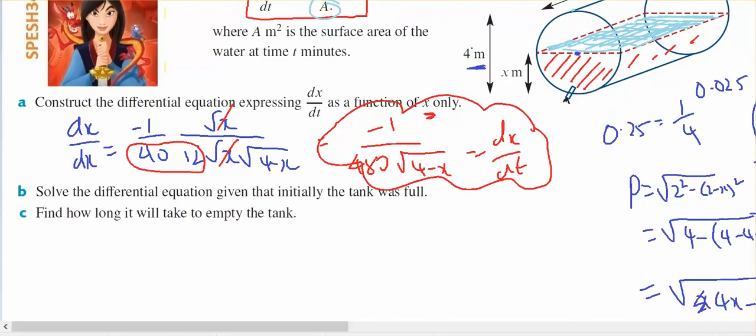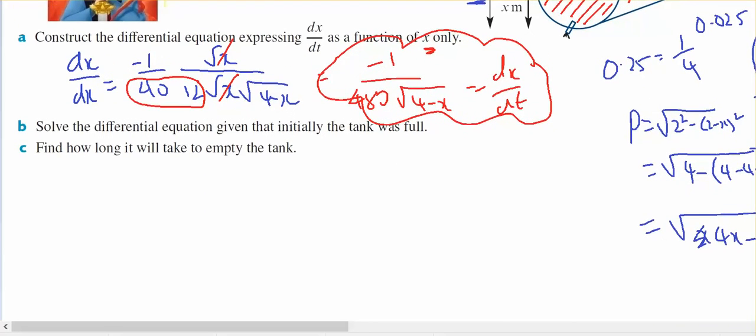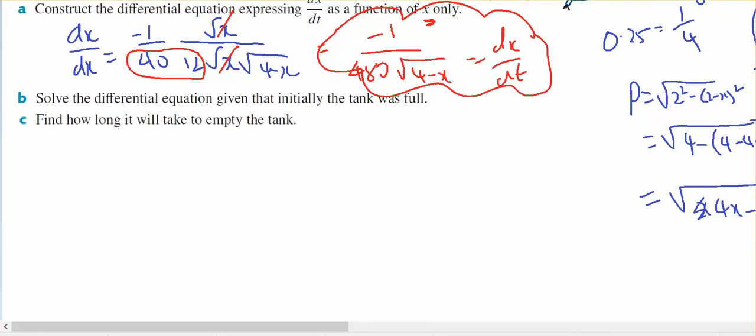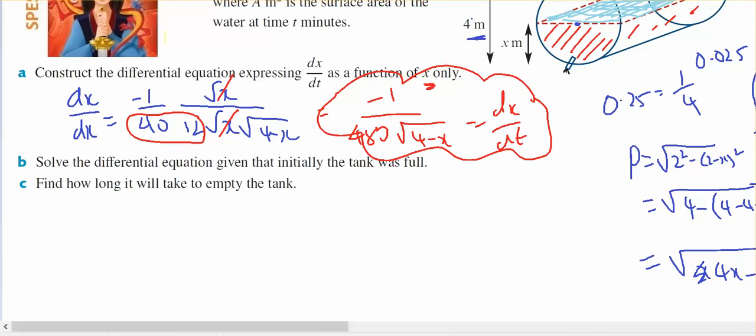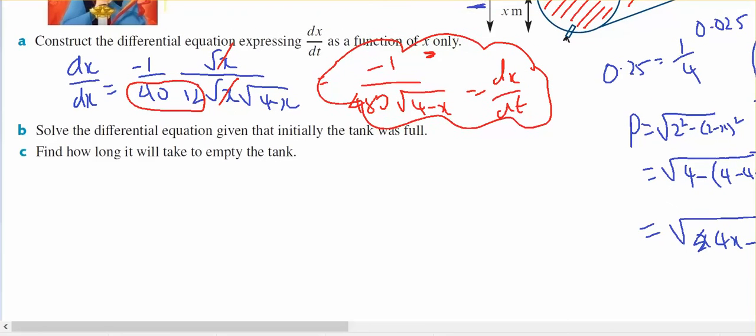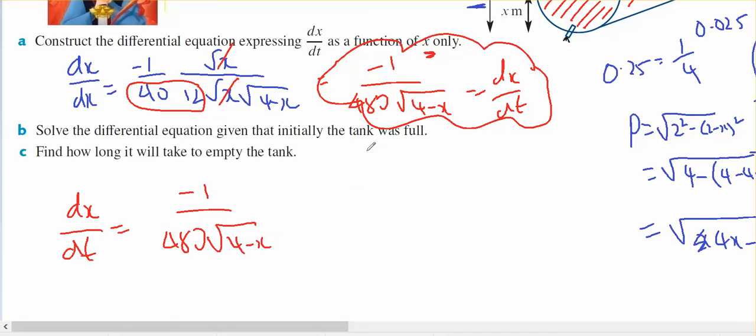Okay, so the rest of the question, solve the differential equation and how long will it take for the tank to empty, I'm going to do by technology. So I know that dx/dt is going to equal negative 1 on 480 times the square root of 4 minus x, and I know that it was initially full.